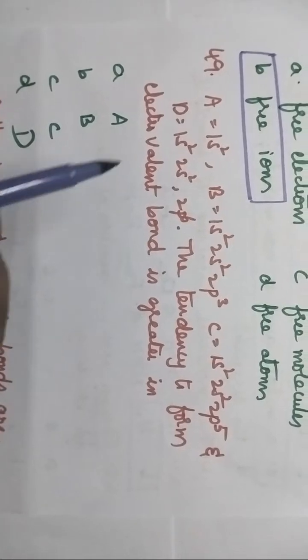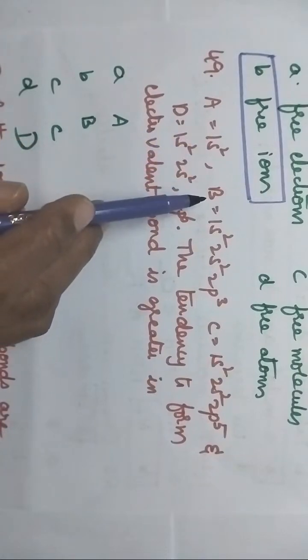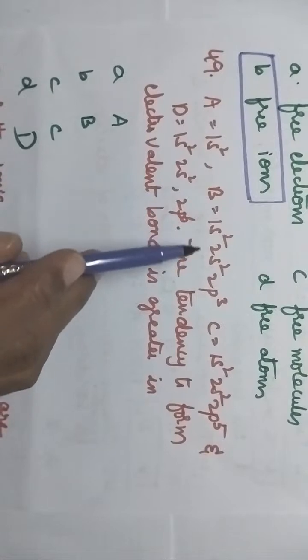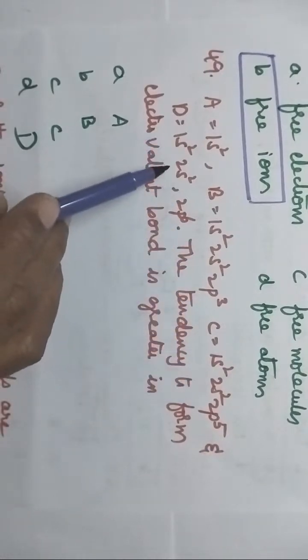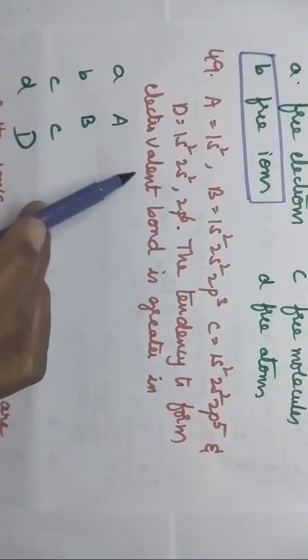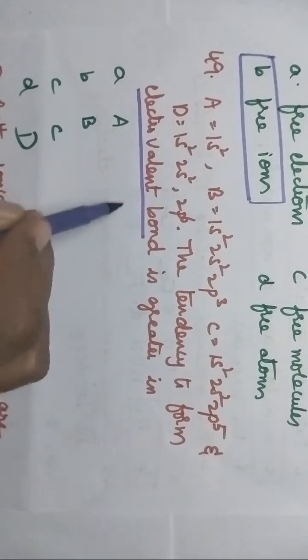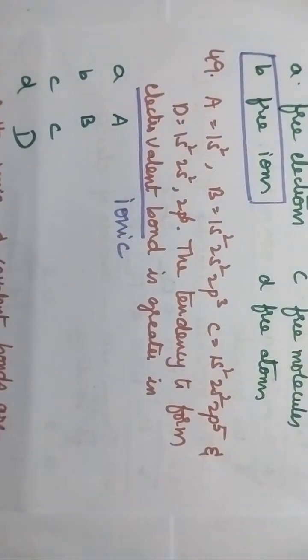Very good, Tilak. A is having the configuration 1s2, B is having 1s2 2s2 2p3, C 1s2 2s2 2p5, D 1s2 2s2 2p6. The tendency to form electrovalent bond, that is ionic bond, is greater in which?